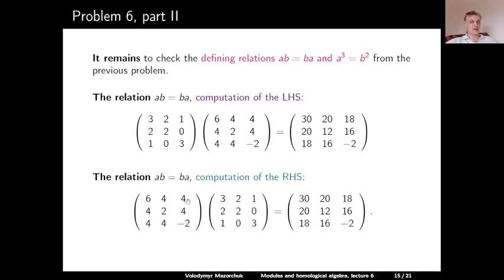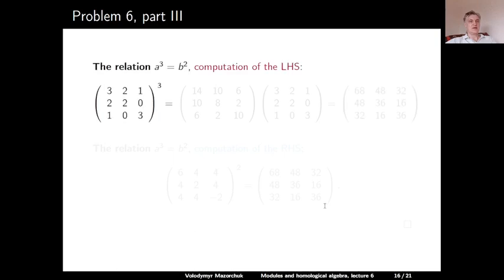Let's check some elements. Let's say first row times third column: 6 plus 0 plus 12. This is 18. Or third row times second column: 8 plus 8 plus 0. That's 16. So we see that AB is equal to BA, and this is this common matrix.